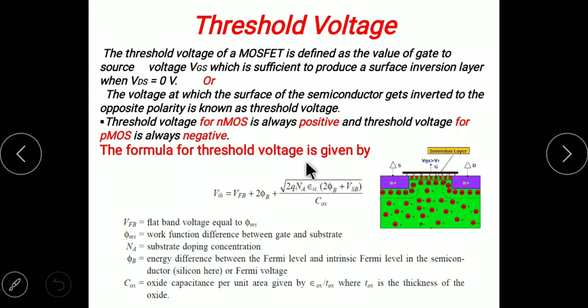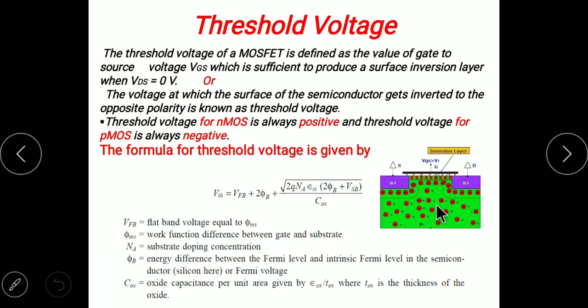Why? Because in a PMOS transistor the substrate is N-type, and the diffusions are P-type. In an N-type substrate the minority charge carriers are holes, which have positive polarity. If you want to attract those holes towards the gate region, you should apply negative gate voltage.